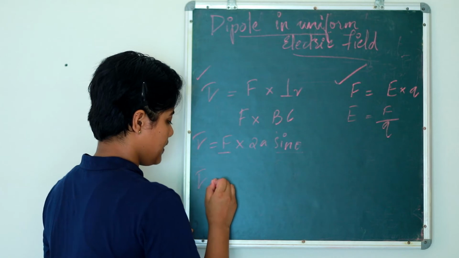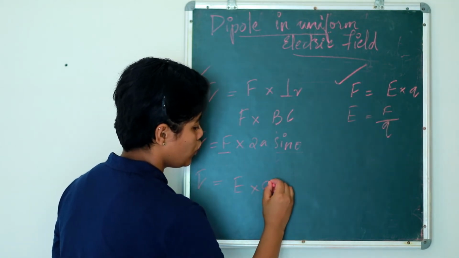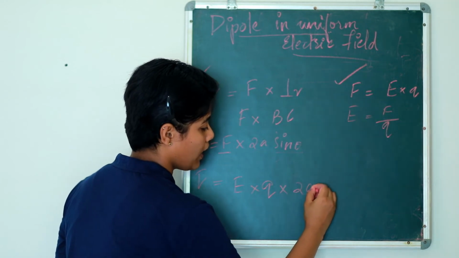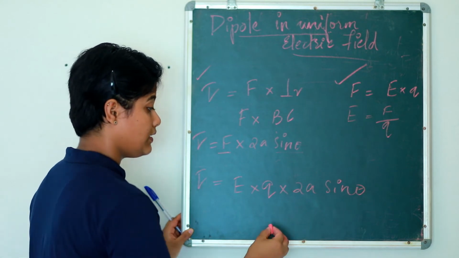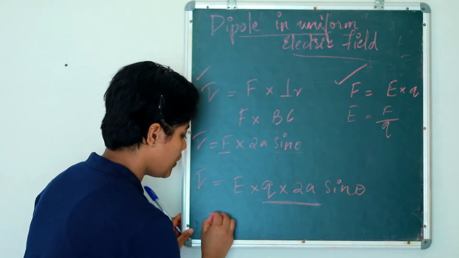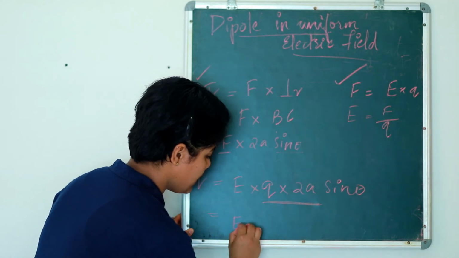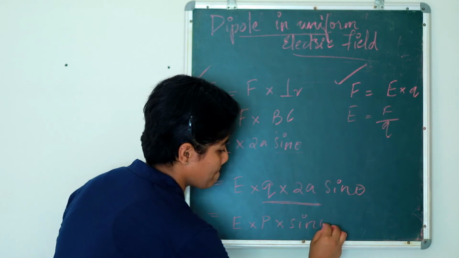So tau is equal to E into Q into 2a sine theta. We just learned that Q into 2a is P. So that is E into P into sine theta.